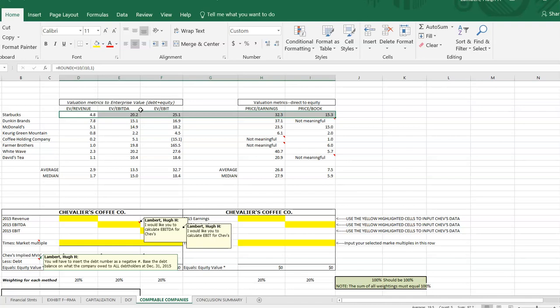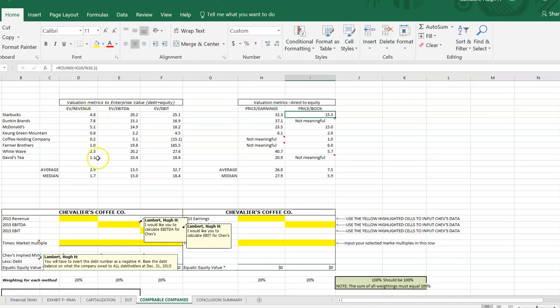That's what the company's debt plus equity was worth. Remember, that's what enterprise value is. And it was trading at 20 times EBITDA, 25 times EBIT. The company's common stock was trading at 32 times earnings for Starbucks, and it was trading at 15 times the book value of equity. We don't just do this calculation for one company, we do it for all the companies.